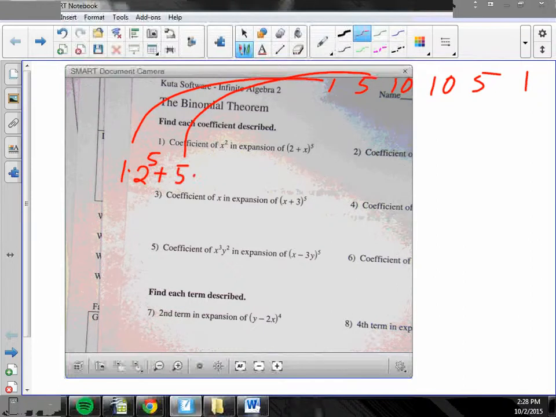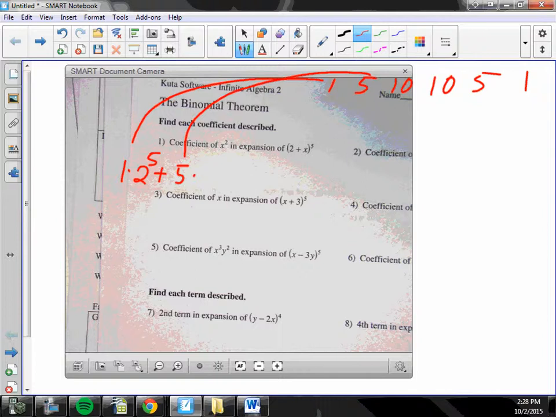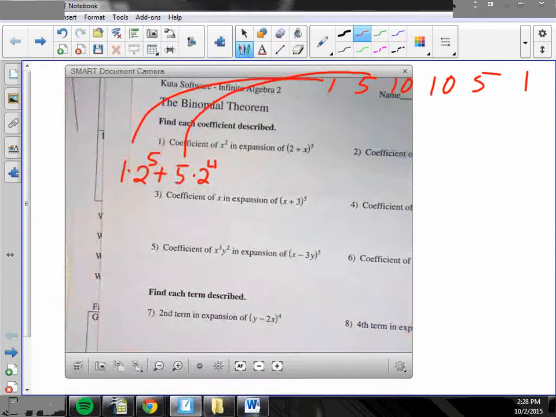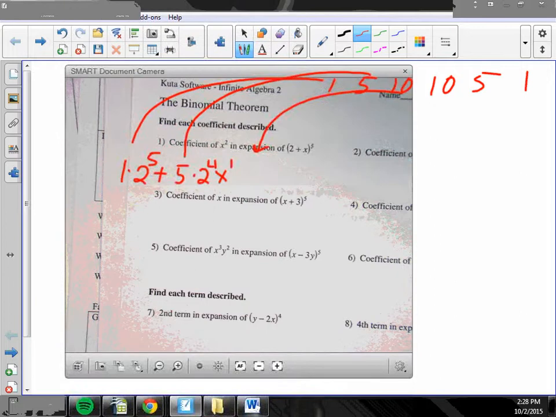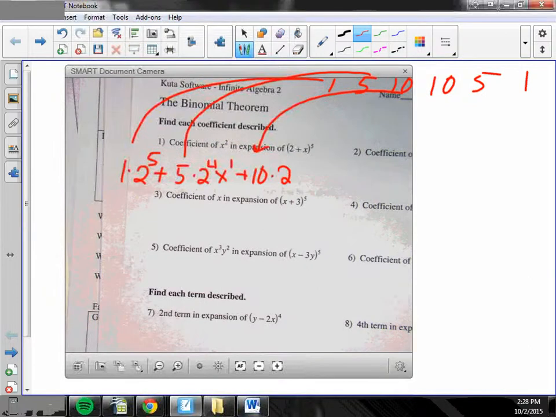So 5 times what? 2 to the fourth and x to the first. Then I bring down the 10. So plus 10 times 2 to the third, x to the second.